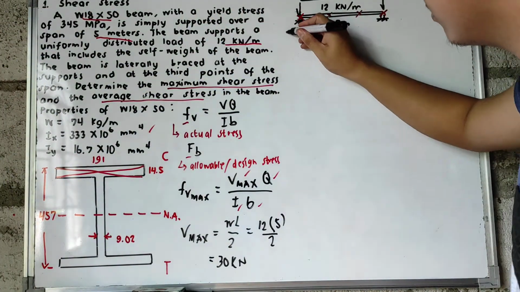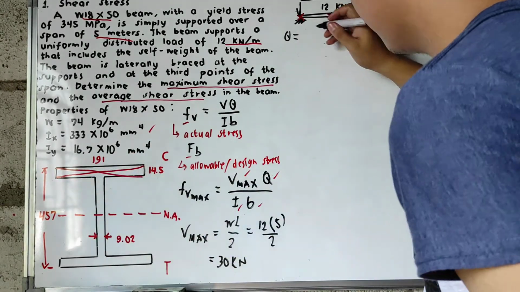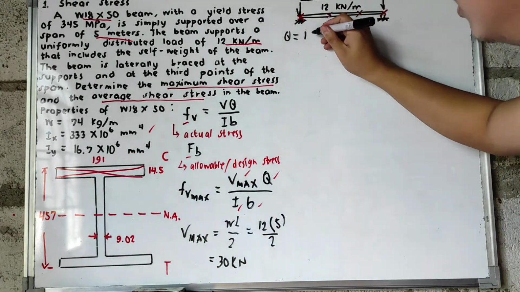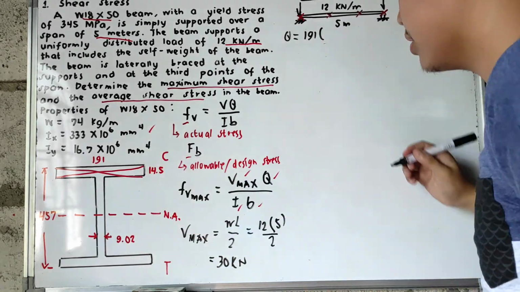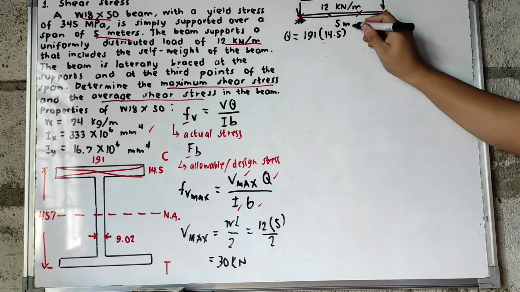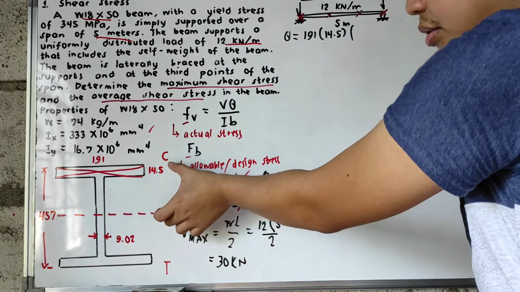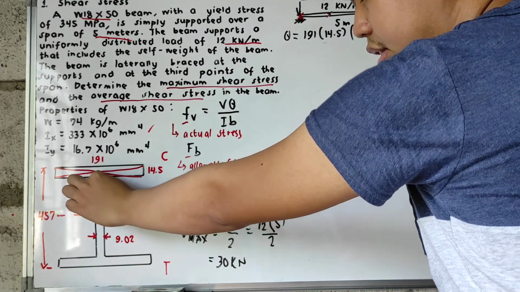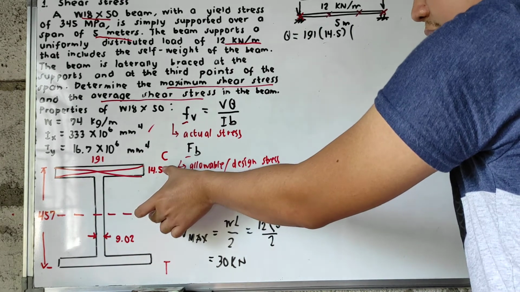So we have Q is equals to, so yung base niya, yung base ng flange, which is equal to 191 multiplied by the thickness of the flange na 14.5 multiplied by the moment arm, yung distance ng centroid ng section natin sa top flange with respect to the neutral axis.